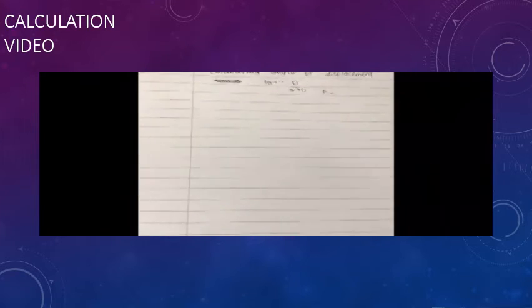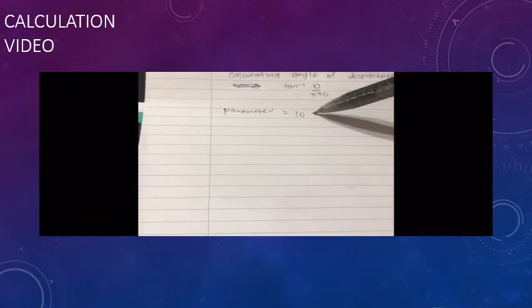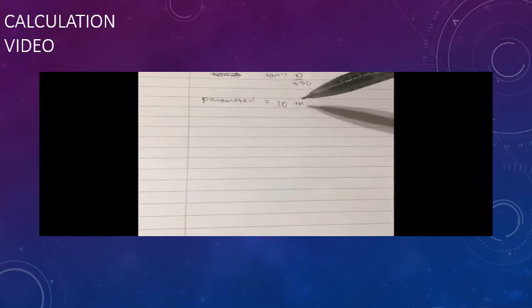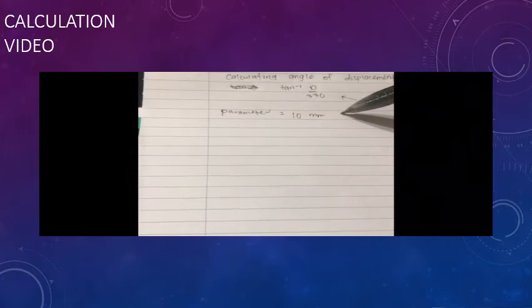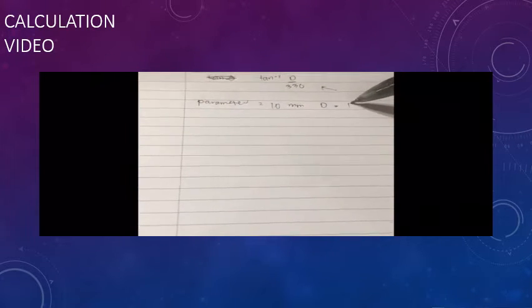The parameter is equal to 10 millimeter, so D equals 50.